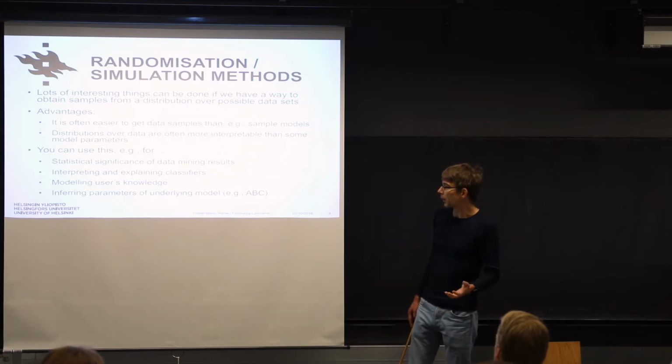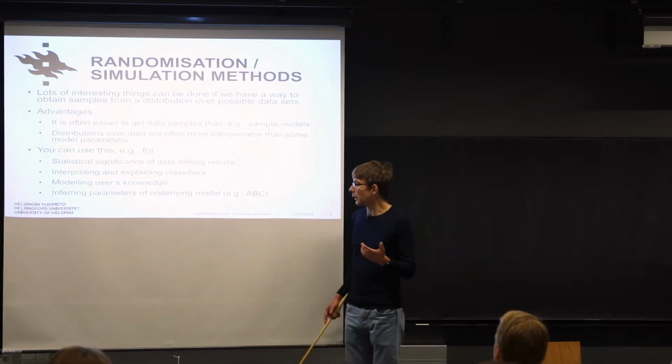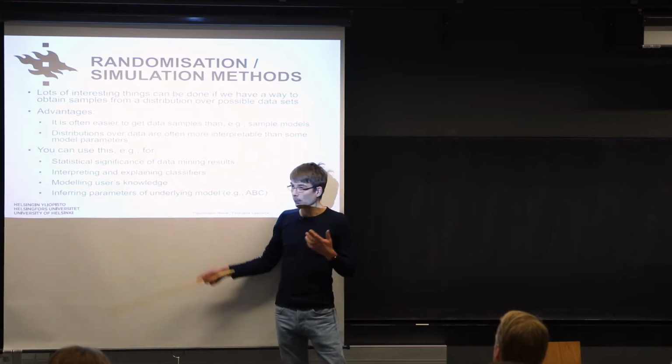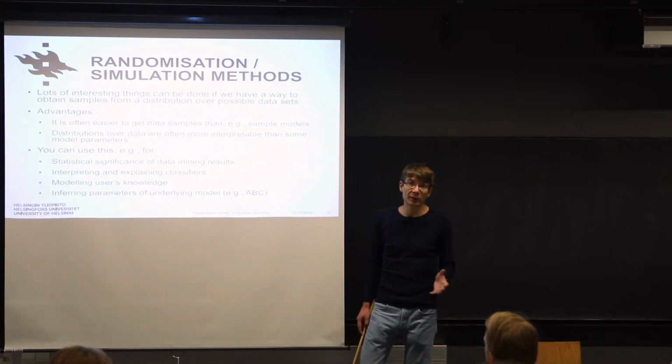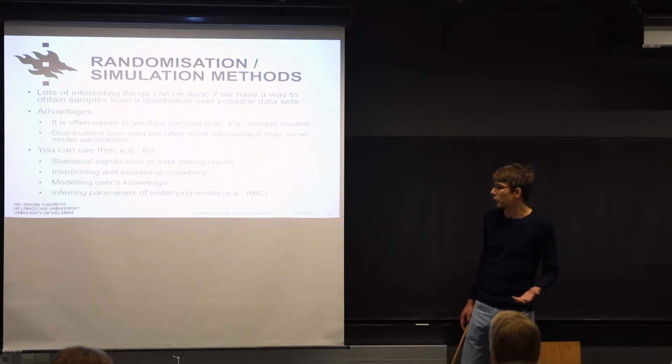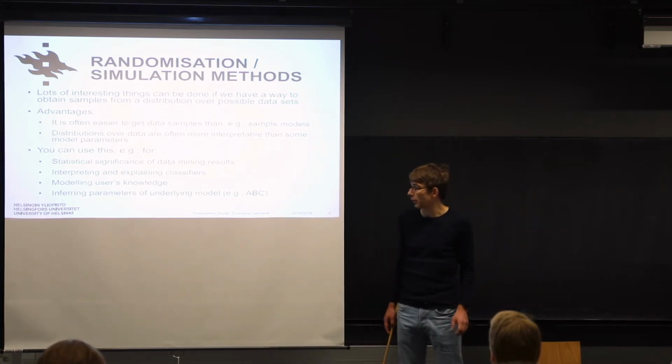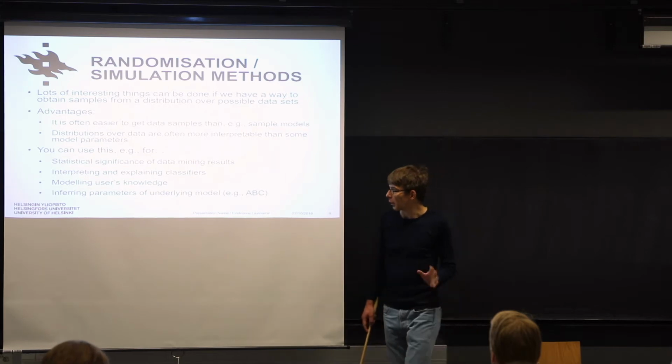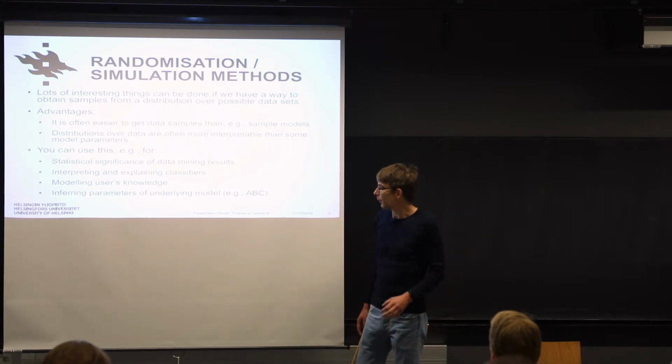One way of explaining classifiers is to feed them with datasets that have been broken in different ways and see how the classifier behaves. This tells you something about how the classifier works, and this is also something we have been working on previously, even before explaining classifiers was so fashionable. But I won't talk about that a lot.